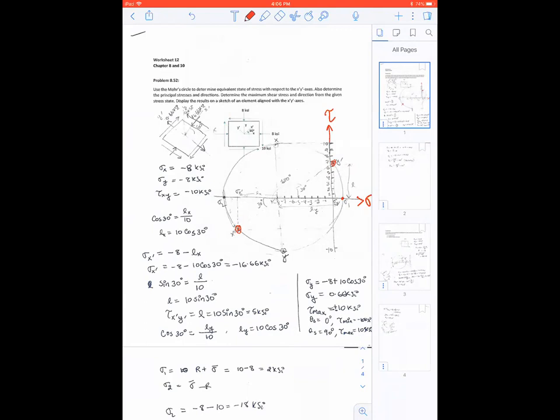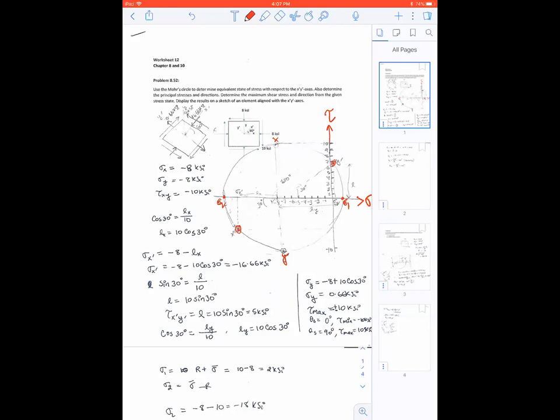Okay, so where the shear stresses are 0, that's where you're going to see your principal stresses. So this is maximum principal stress, so I named it as sigma 1, and this is minimum principal stress, so I named it as sigma 2. Okay, and remember this is your x phase, this is your y phase from last class.